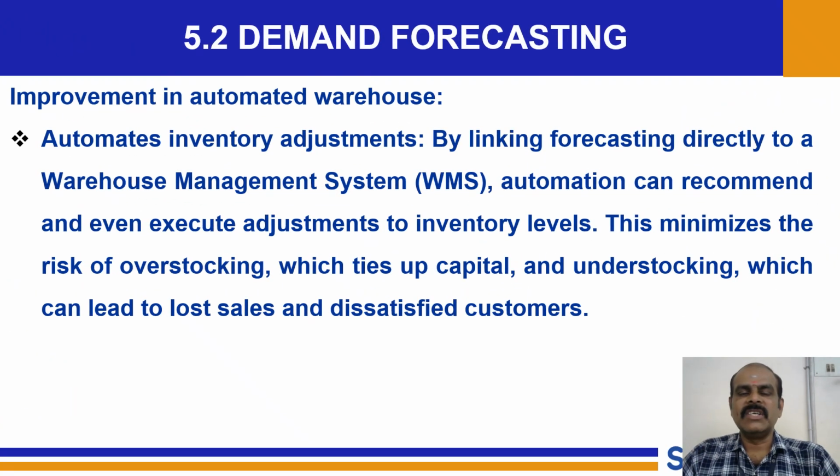Automates inventory adjustments. See, everywhere you get into it, warehouse is going to be dependent 100% on inventory management. Once you are very confident enough with respect to the demand and the consumption, obviously we are going to adjust the levels of the inventory and we are going to be on the safer side.